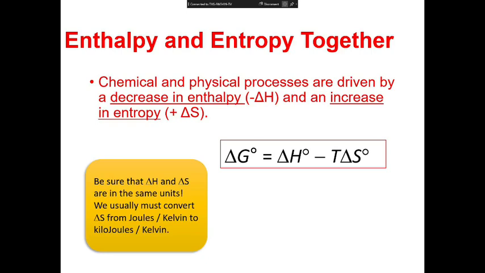Either a decrease in enthalpy, which means exothermic, and an increase in entropy, having a positive delta S. Mathematically, these are the things that would help you solve this equation and get a negative answer. Chemical and physical processes are driven by a negative delta H, which is a decrease in enthalpy of the system, and an increase in entropy, positive delta S.